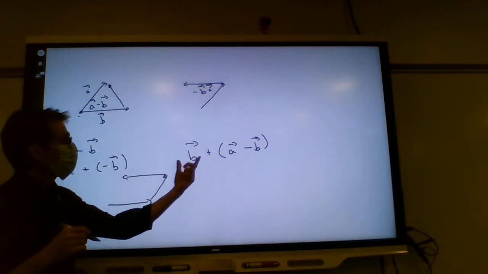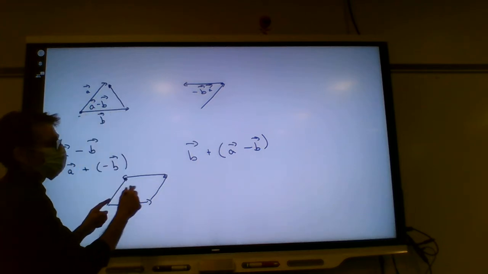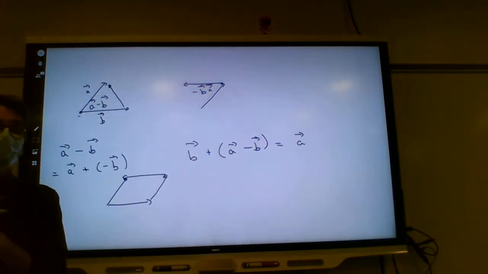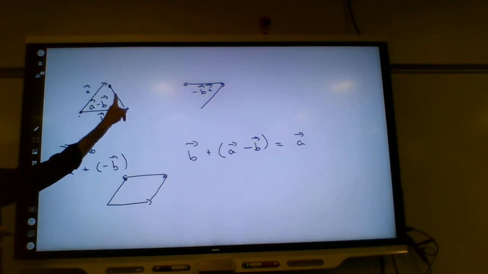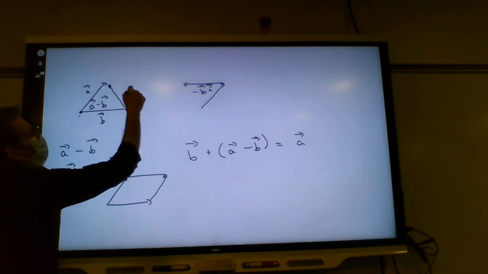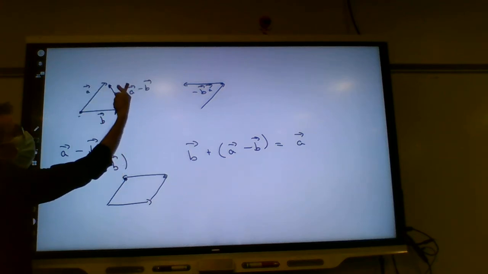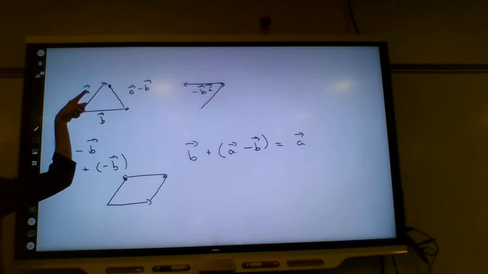Right? Which corresponds to the motion associated with A. Does that make sense? And so that's the reason this vector is A minus B, because it's what you have to add to B in order to get A.